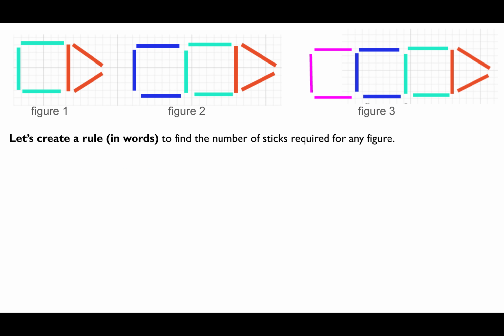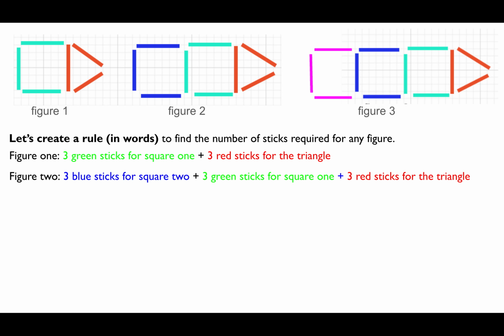So let's create a rule using words to find the number of sticks required for any figure. So in figure 1, I had my 3 green sticks plus my 3 red sticks for the triangle. For figure 2, I had my 3 blue sticks and then my 3 green sticks.